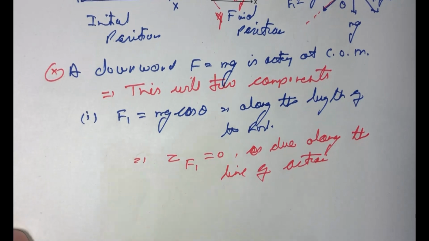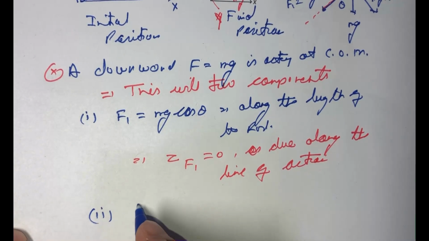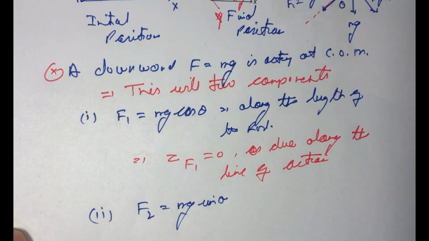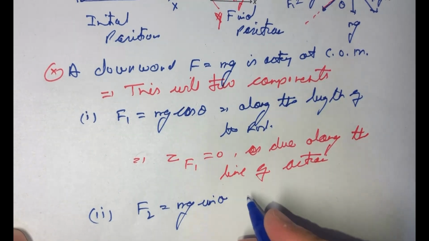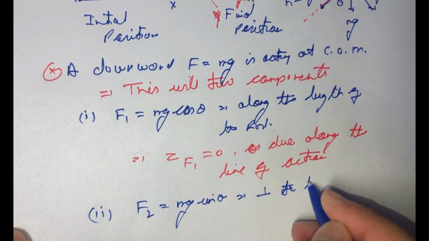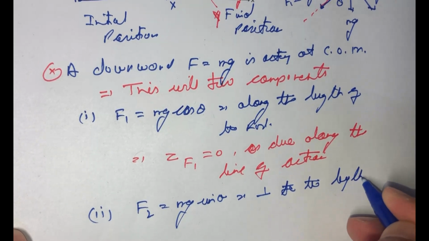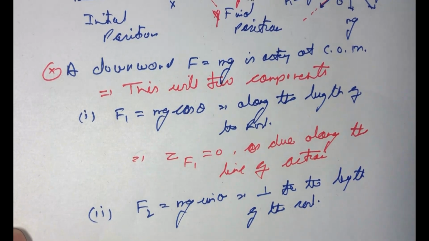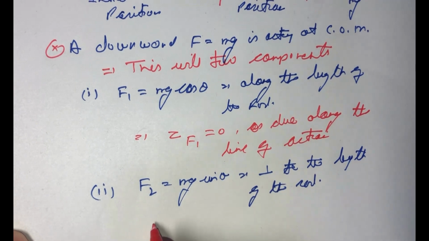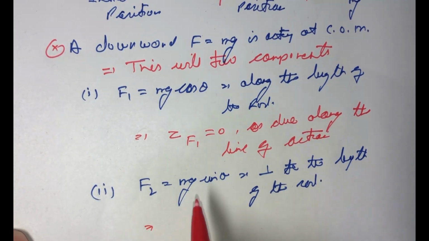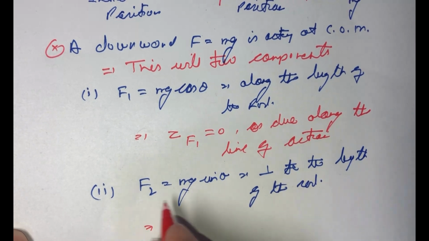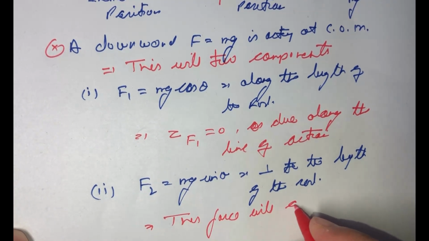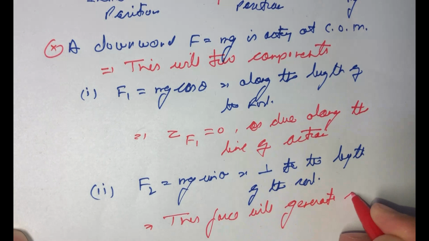And second will be our F2, which is mg sine of theta, and this will be perpendicular to the length of the rod, and this will be producing a torque. This force will generate a torque.